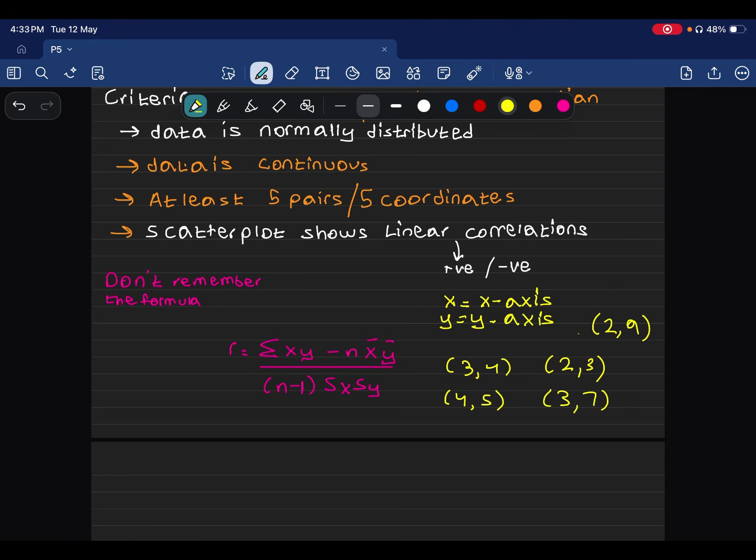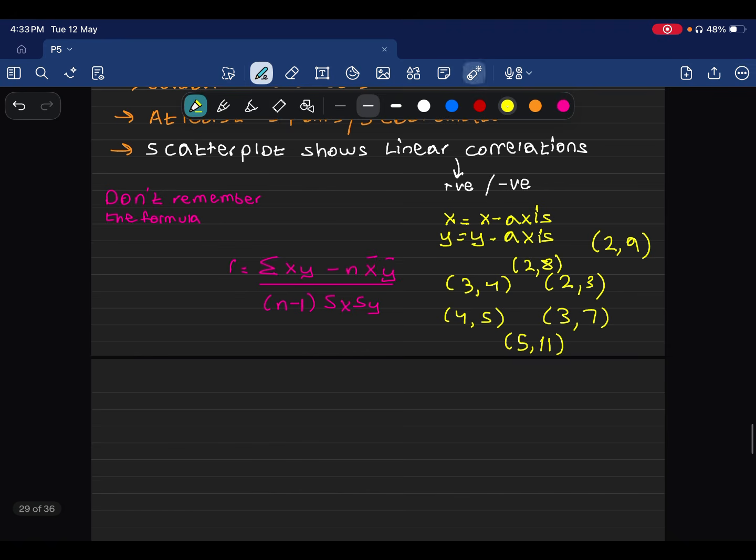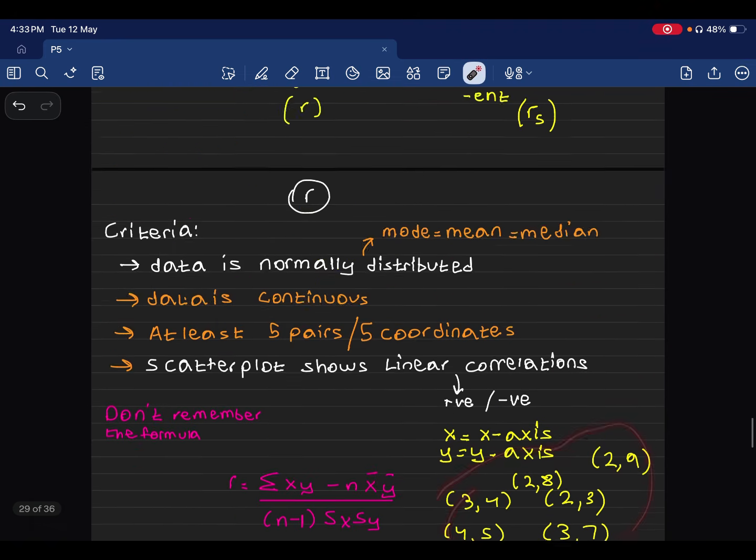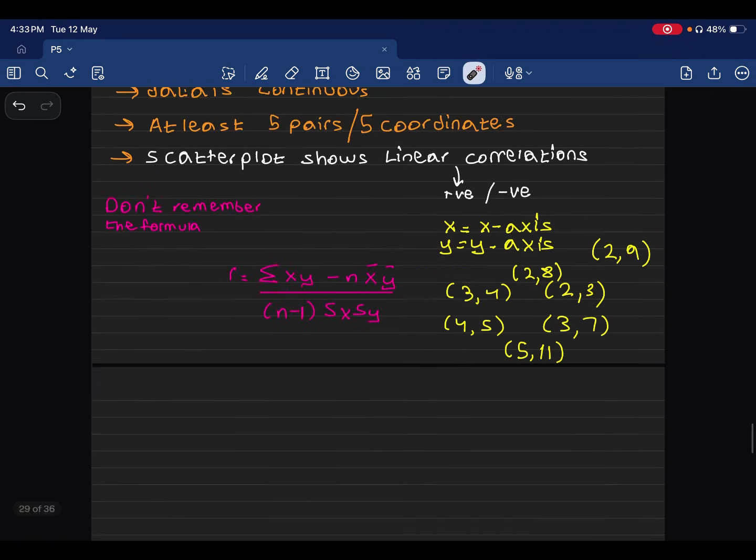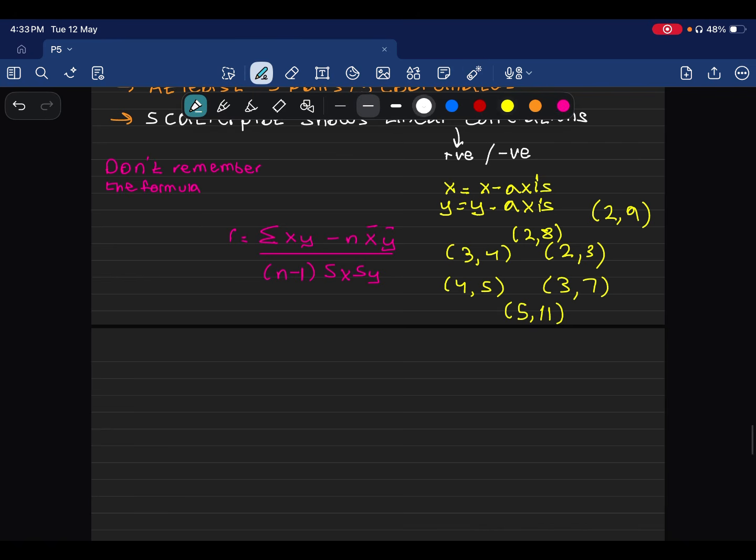Are these 7? No, that's 5. Okay, let's take 2 more. 2 comma 8, and then 5 comma 11. I don't even know if this is linear, but never mind. Again, it must be linear, because the name includes the word linear. Okay, now what should you do?